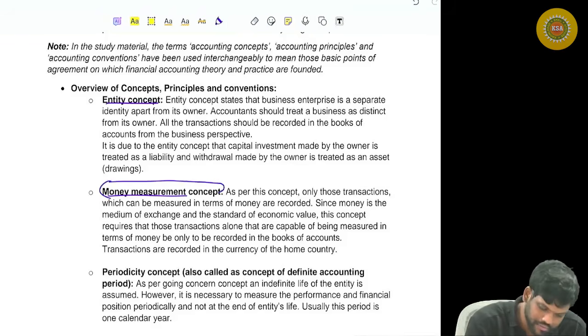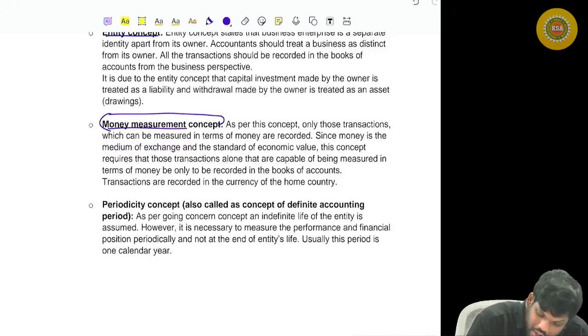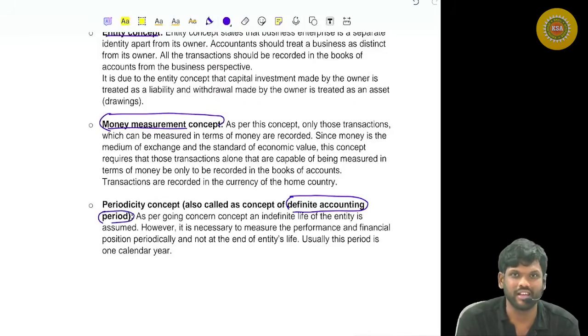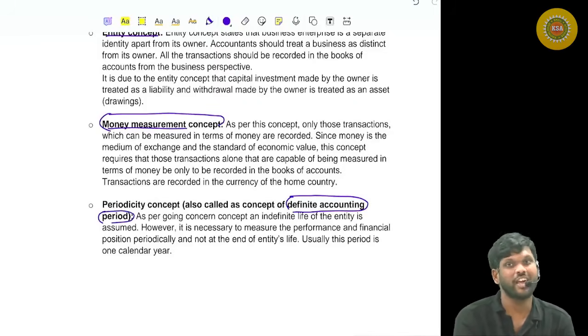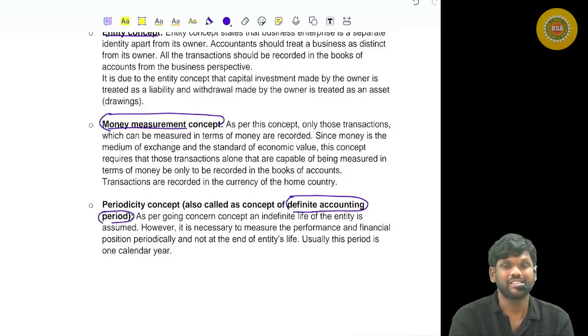And then we have the periodicity concept. Guys, the periodicity concept also has a different name, called definite accounting period, because most of you may know it as periodicity. ICAI may say write a short note on the concept of definite accounting period. Suddenly you will think this is a new concept.